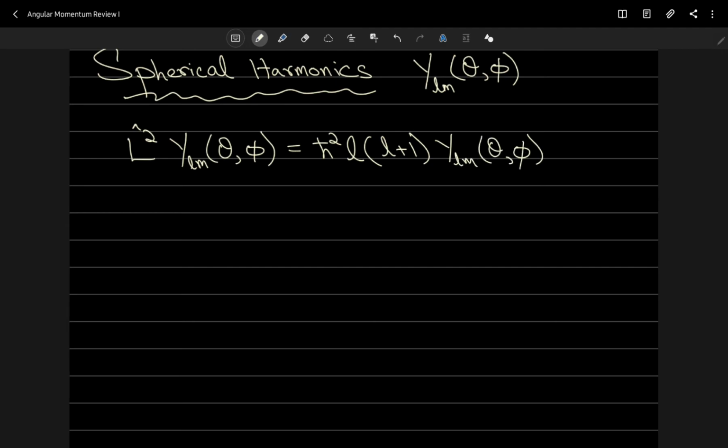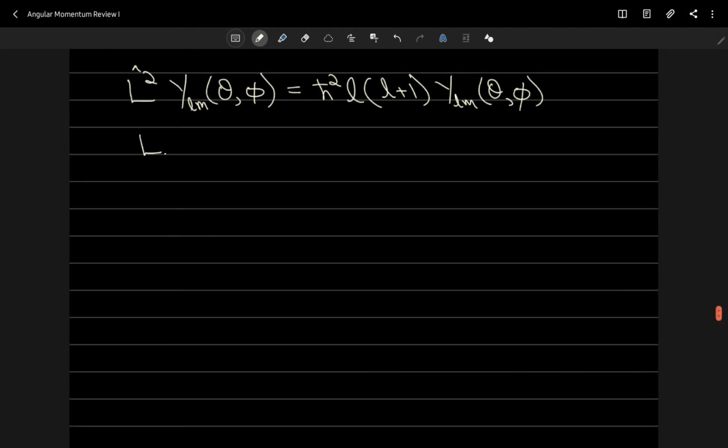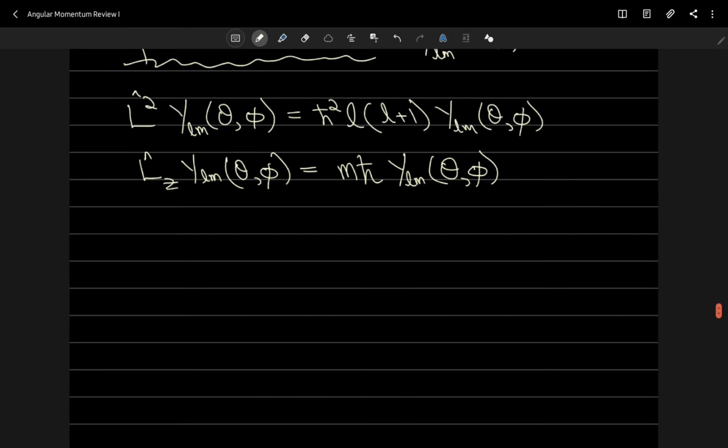And Lz acting on Y_Lm gives you m h bar and your function back as it was. Over here, this L is known as the orbital angular momentum quantum number.